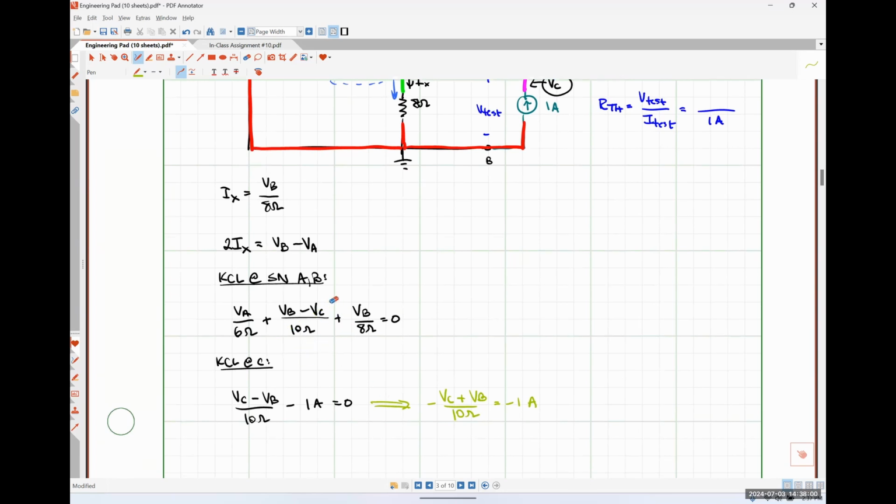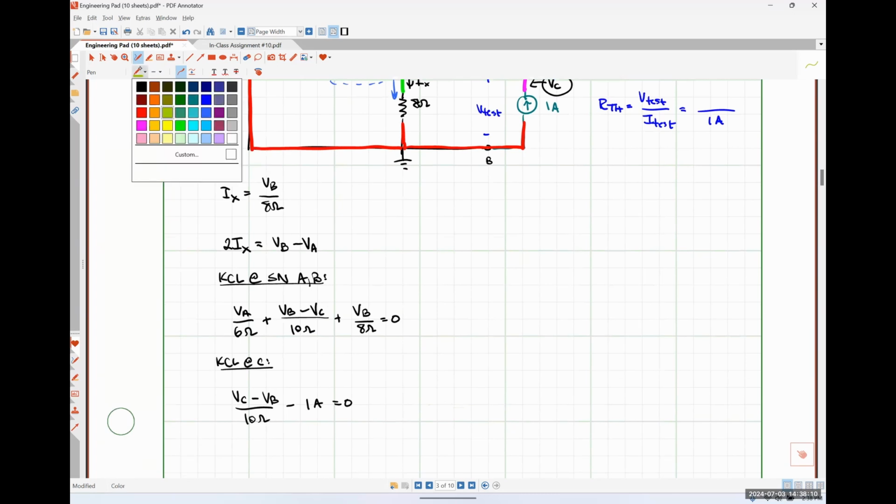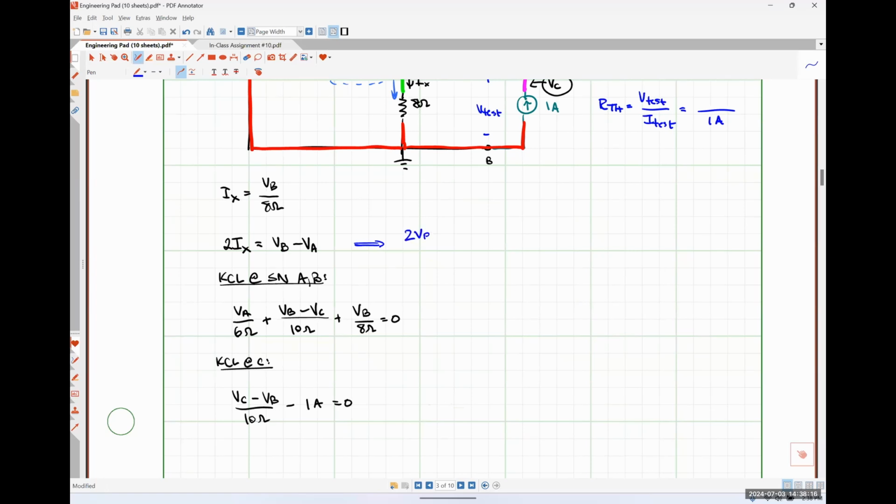So it looks like we're going to have to be making our substitution with IX, which isn't particularly bad. So let's make our substitution in this one, right? So twice IX is 2 VB over 8 ohms will be equal to VB minus VA. Let me go one step further.